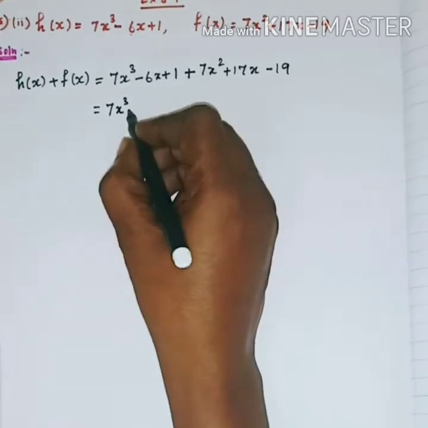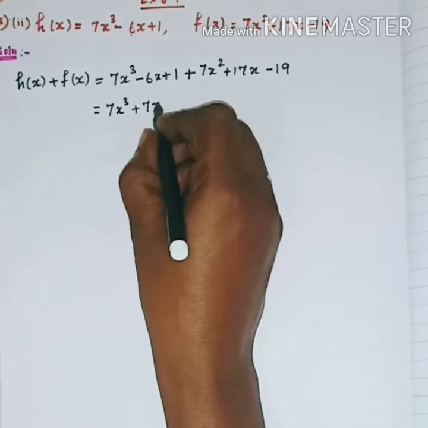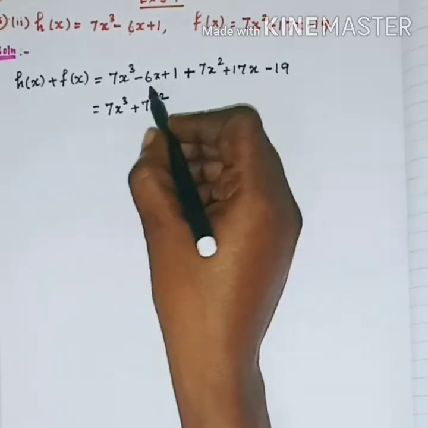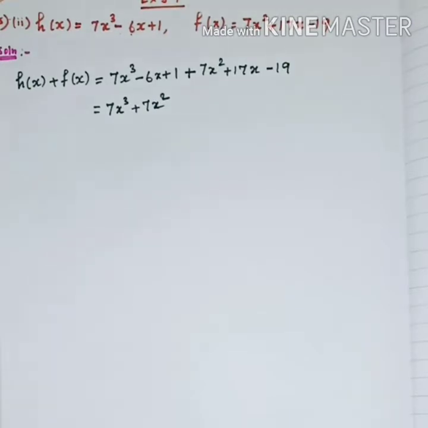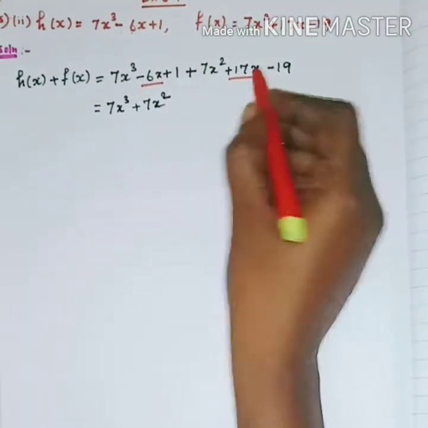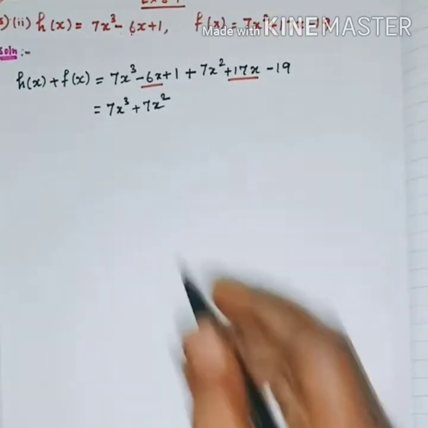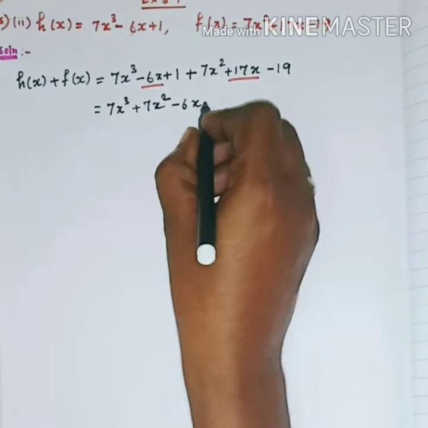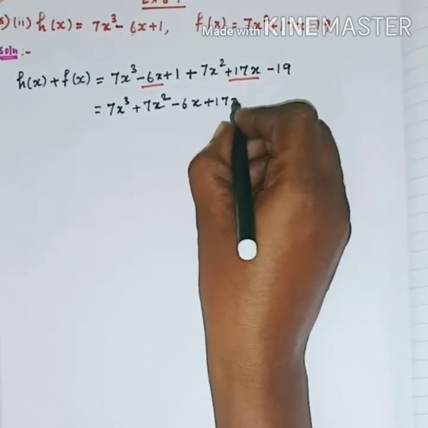No. So write this 7x square as it is. And then x terms. Here we have 2 x terms. What are the 2 x terms? Minus 6x and plus 17x. So combining these two like terms together, minus 6x plus 17x.